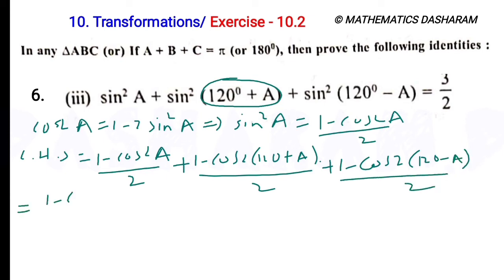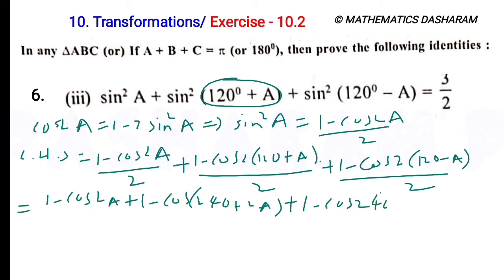So it is equals to (1 minus cos 2a) plus (1 minus cos 2 multiplied inside (240 plus 2a)) plus (1 minus cos (240 minus 2a)), all divided by 2.